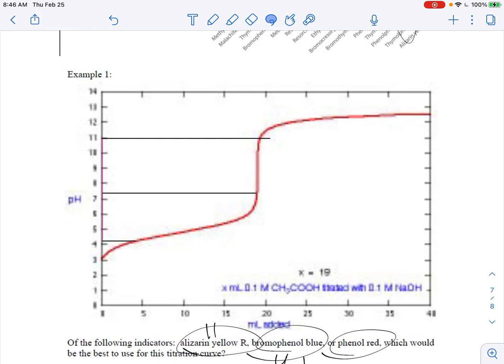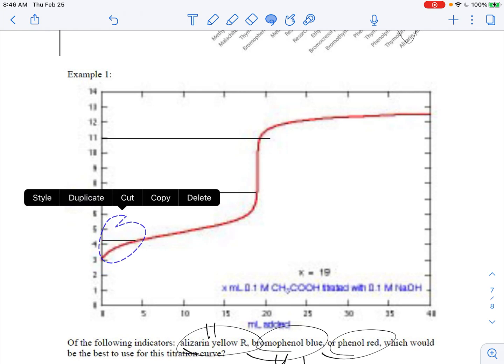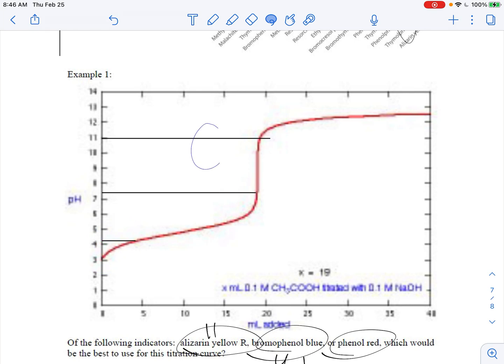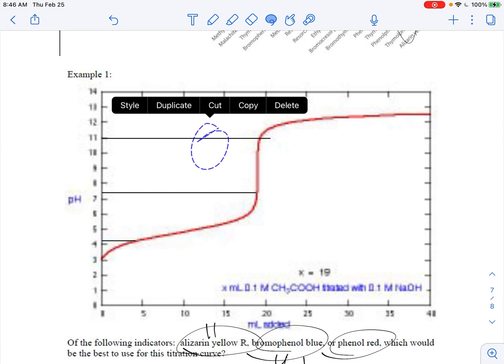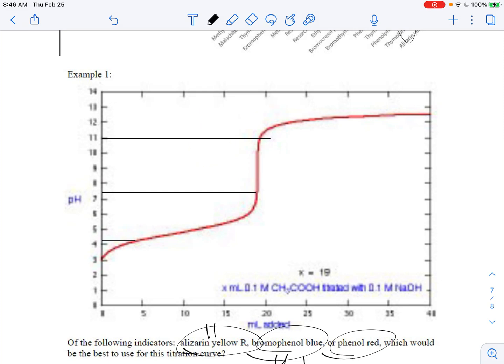So which of these is the best to use? Well, definitely this guy down here is not a good choice. He's a terrible choice. This guy up here at 11 is not terrible, but he is beginning to get into that curvy portion of the graph. So again, in a perfect world, you want something right at the equivalence point.